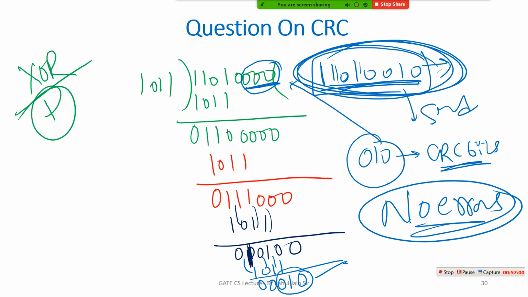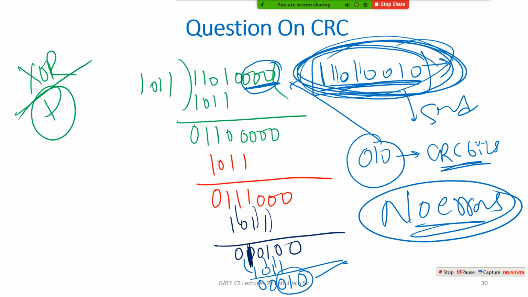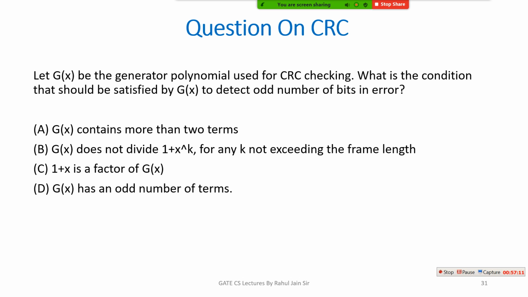Now this is a question you may face in your GATE exam, guys. Answer it. Out of options A, B, C, D, which is the correct answer? The question is: let Gx be a generator polynomial used for CRC checking.